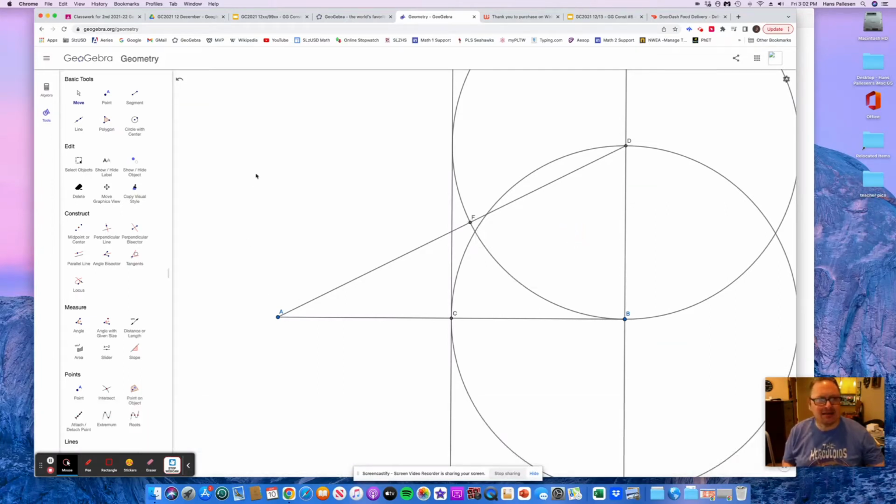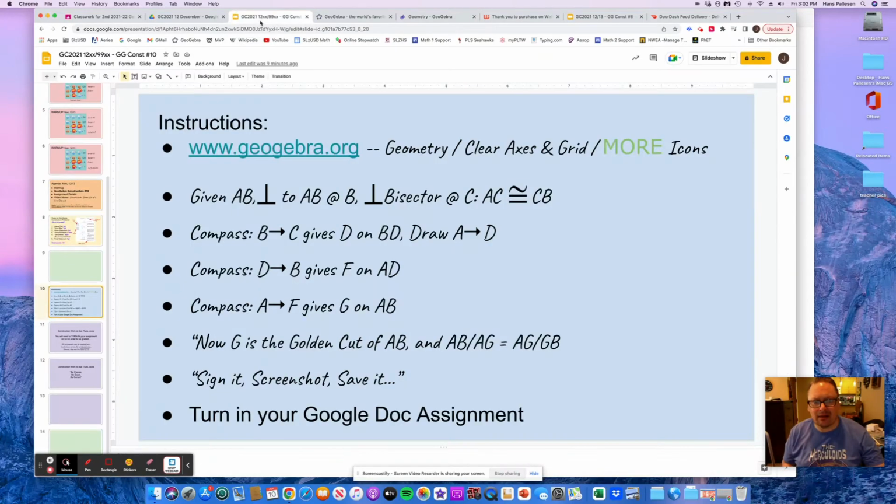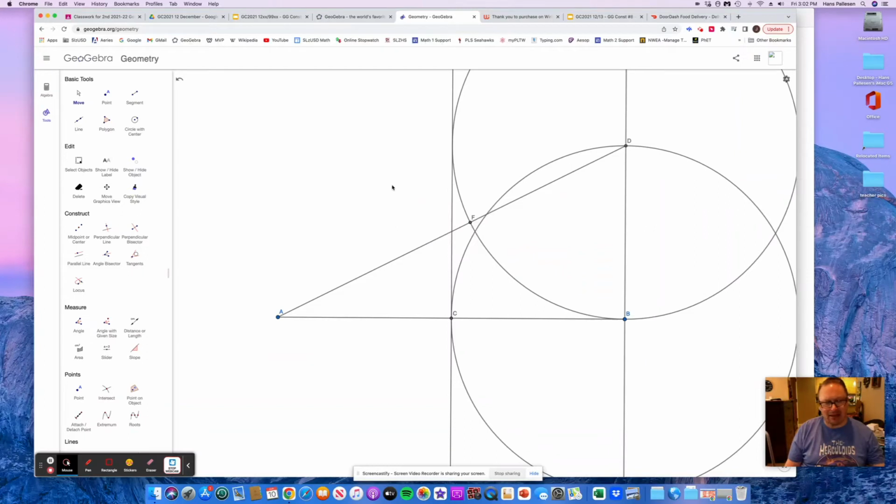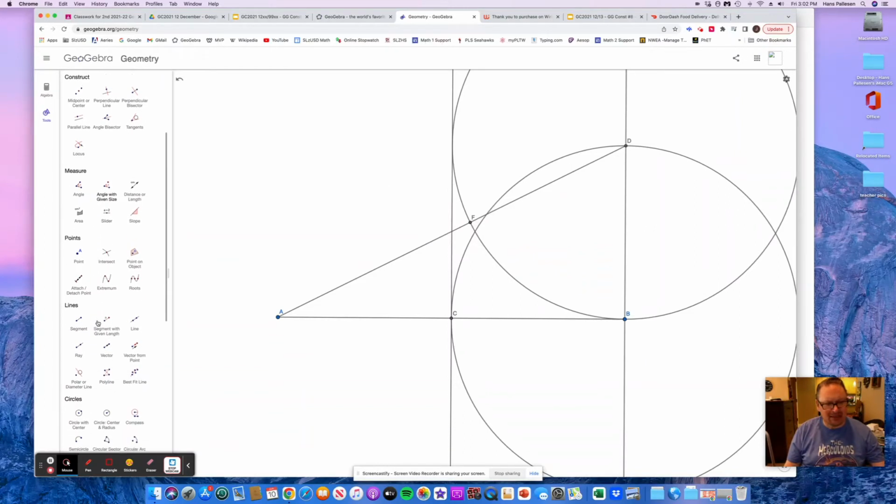Okay, so my next step, it says put the compass on A, measure out to F, and then the intersection along AB is G. Okay, so we'll go back to our compass.